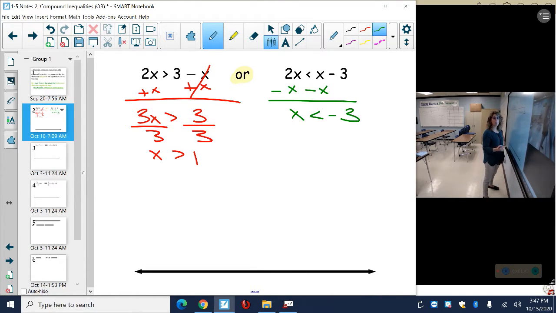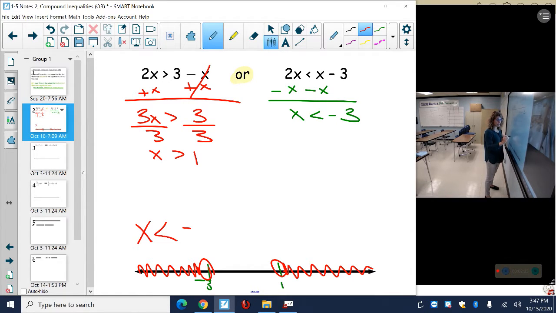The smaller number goes clear to the left, so the smaller number is negative 3, the larger number is 1. When I graph x is less than negative 3, it is an open dot and I'm shading down. When I graph x is greater than 1, it's an open dot and I'm shading up. Basically, you're reading this line from left to right.